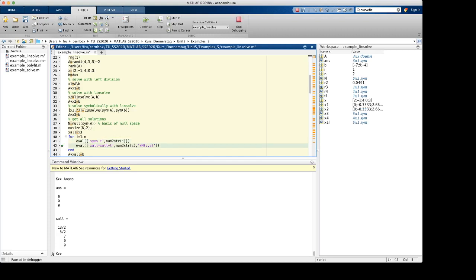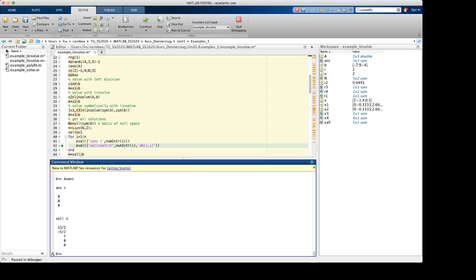Then we generate a symbolic variable called t1. This is the first parameter in the general expression of the solution, and then we add the multiple of this parameter t1 with the corresponding column in the null space.